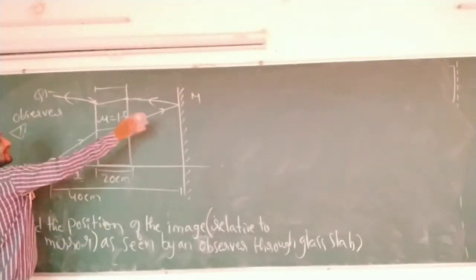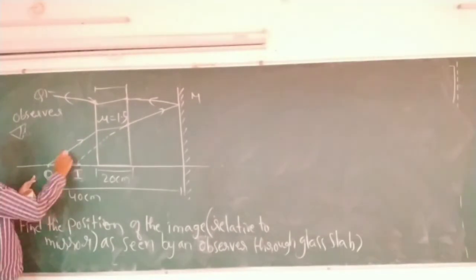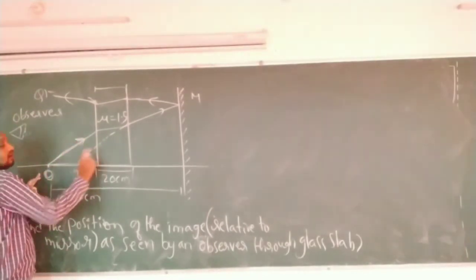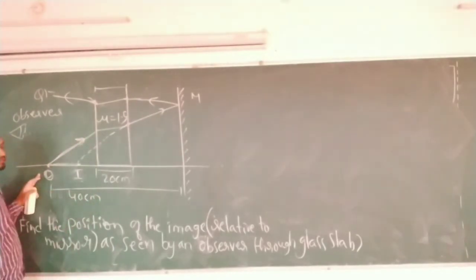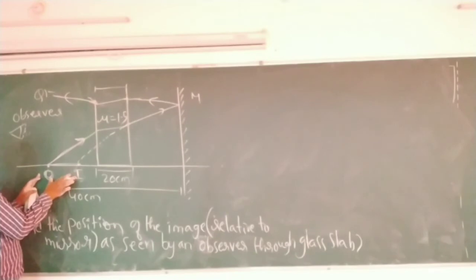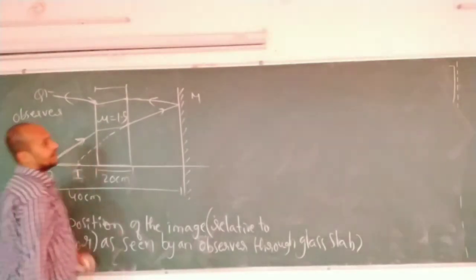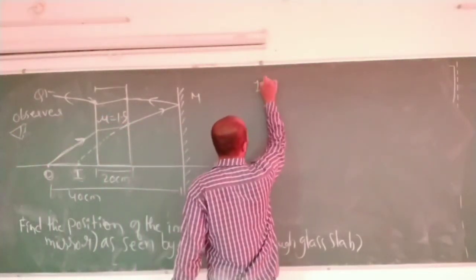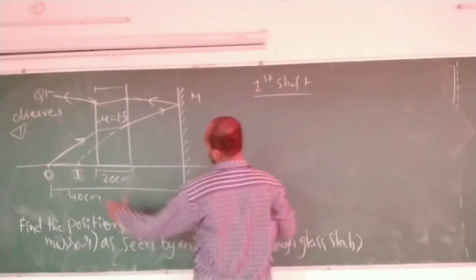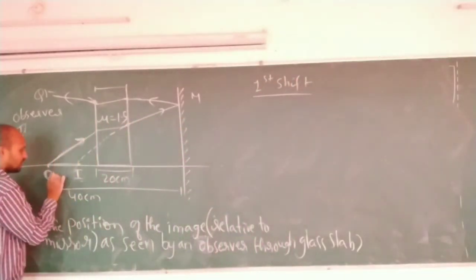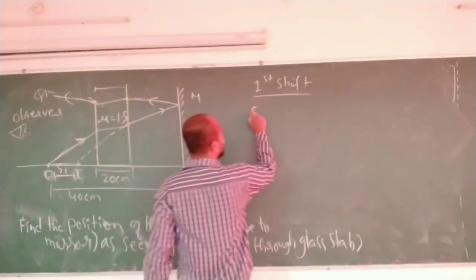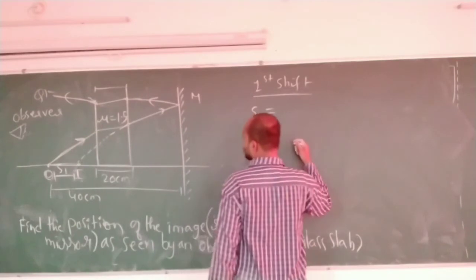For the first time, shifting will happen, this is the direction of the travelling ray, so the shift will move towards this direction. How much will it move? This much. Let us take the first shift. If I calculate the first shift, call it S1.